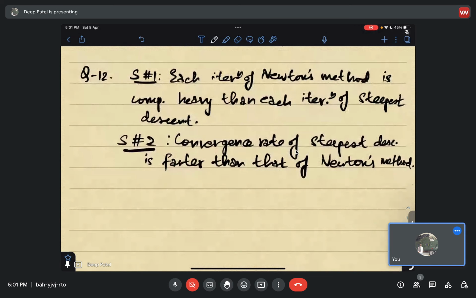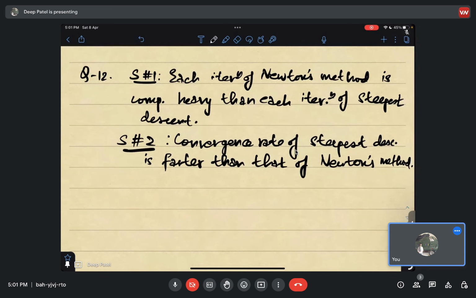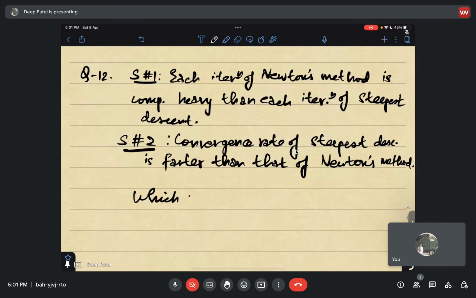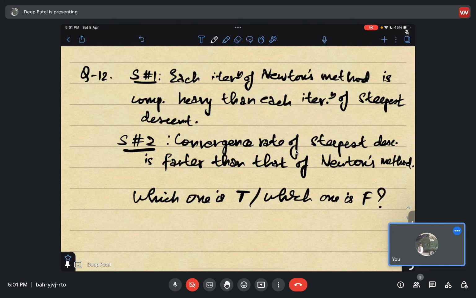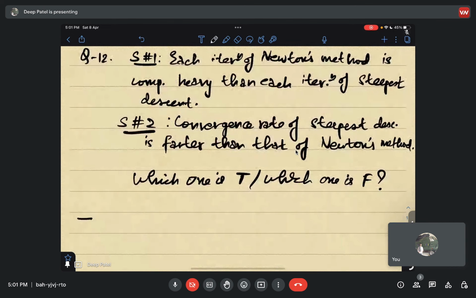Yeah, so which one is true, which one is false? Yeah, statement 1 is true. Okay, statement 1 is true because it requires more calculation than the descent method, right?